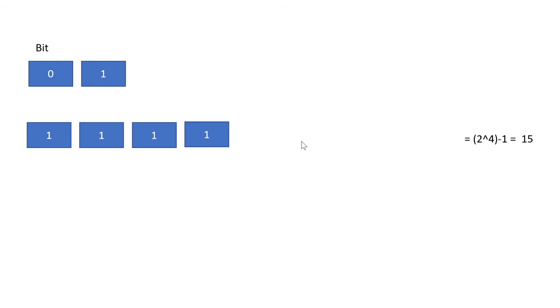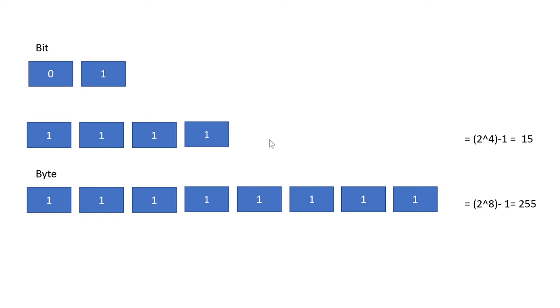So let's go to a larger number, and we'll generally see that most of the data types will be in terms of bits of size 8, which is a byte. So 8 bits come together to make 1 byte, and for a data type which might not store negative numbers, all the 8 bits would be used, and the maximum value would be 2 raised to 8 minus 1, which is equal to 255.